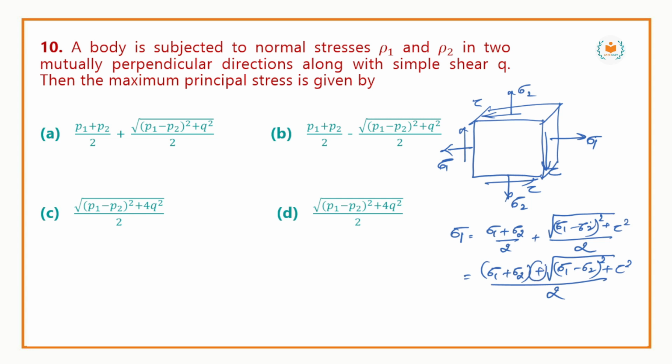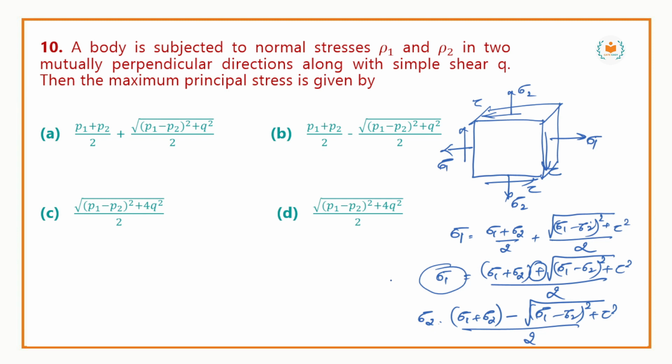This is for the major principal stress, which we call the maximum principal stress. The other definition is sigma 2. The only difference is that instead of a positive sign, we consider a negative sign: sigma 1 minus sigma 2 whole square plus tau square, divided by 2.